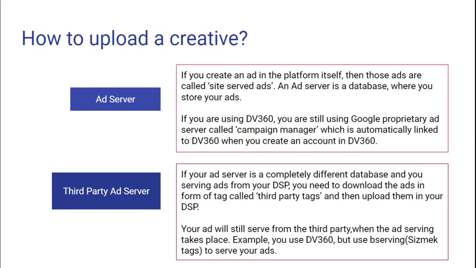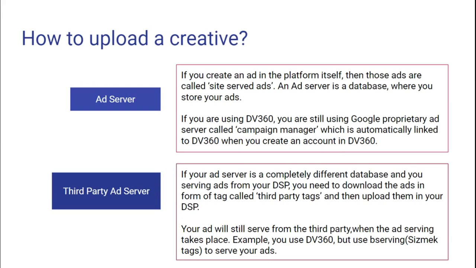But let's say you are completely fine with the things that work in the ad server and you want to give the entire control to your campaign manager, then I would recommend using your own ad server, the site served ads, and not the third party ad server. If you still want to keep track in your analytics, you might want to give UTM trackers a chance.